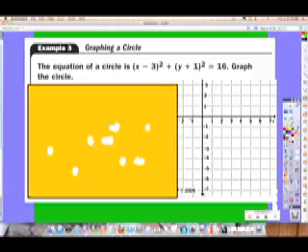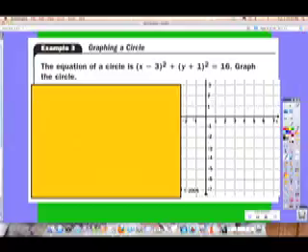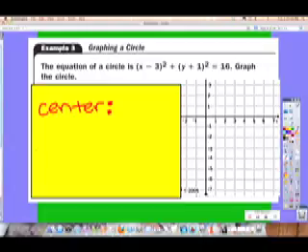Okay, we need to make sure we know the center of the circle. We need that to graph. We also need the radius of the circle. Let's go backwards. What do you think the radius of the circle is? It is 4. Where did 4 come from, though? You got to square root it, right? So radius is the square root of 16. So radius is 4. Okay. All right, the center.